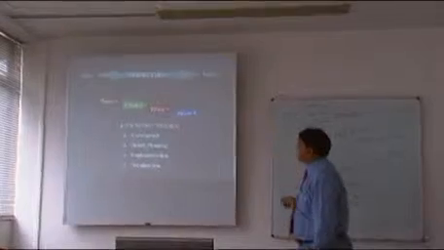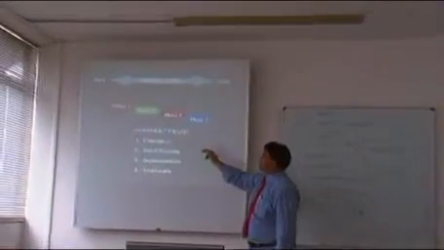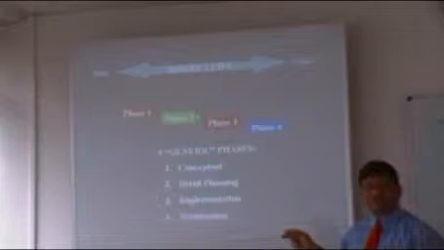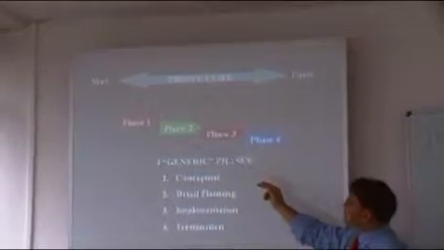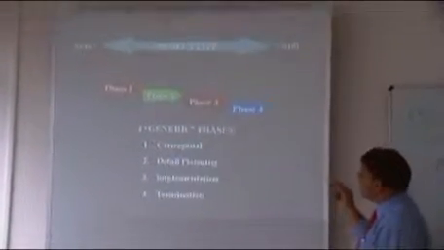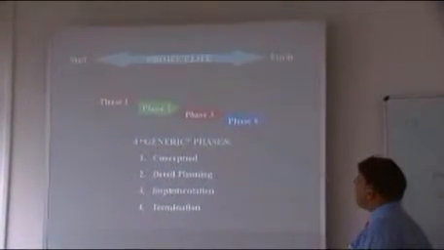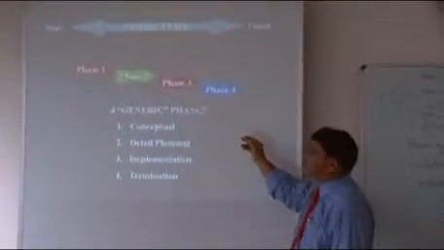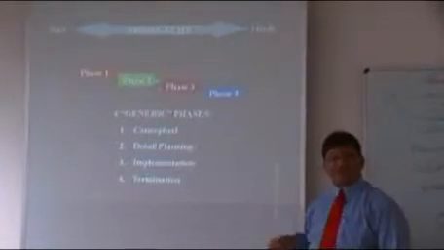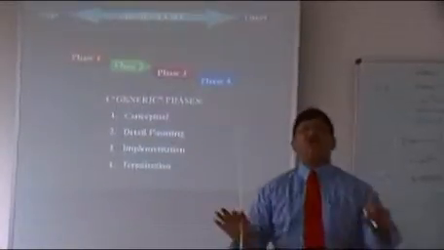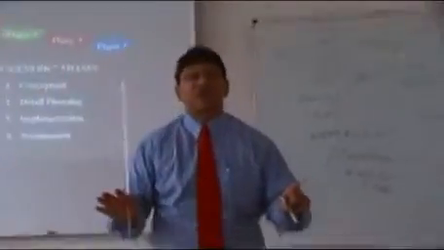The systems engineering approach. Here you can see there's the overall start and the overall finish, but also the sub-start and sub-finish: phase 1 is going to start and finish, phase 2 is going to start and finish, phase 3 as well, and phase 4. So what we're basically saying is that the end of phase 1 is the start of phase 2, and the end of phase 2 is the start of phase 3, under normal circumstances.